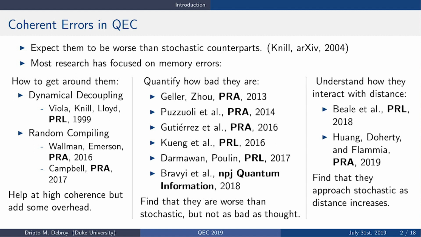Then there's been work on how these errors interact with distance, and they generally find that as the distance of your code increases, your coherent errors become more stochastic in nature, or look more stochastic. There's also a poster by Joe Iverson in the poster session that talks about coherent error as well, so if this is interesting to you, check his poster out as well.